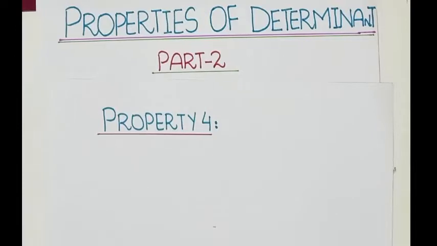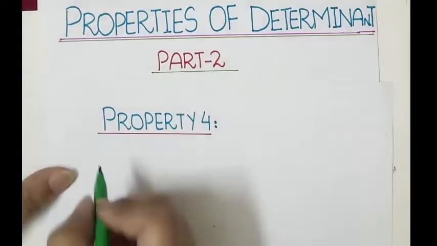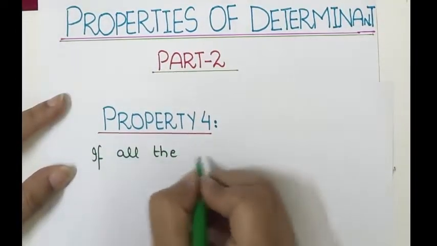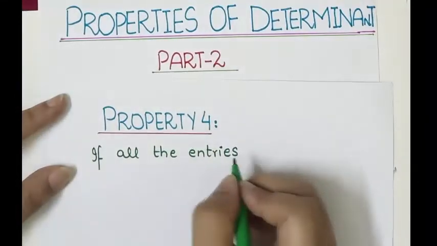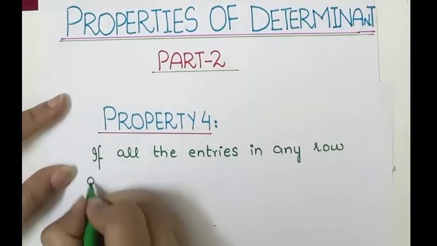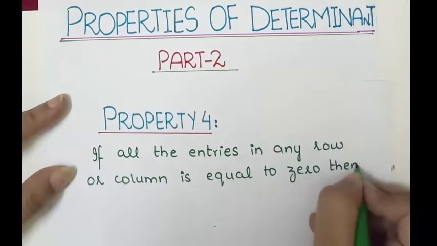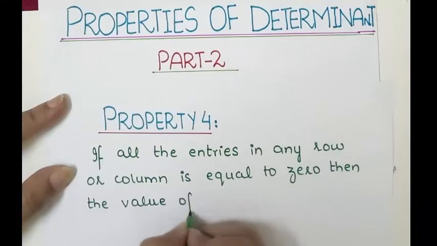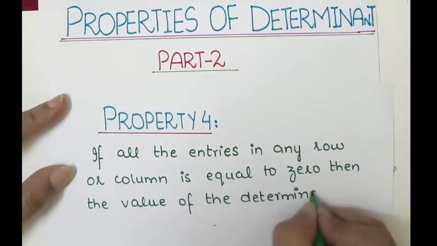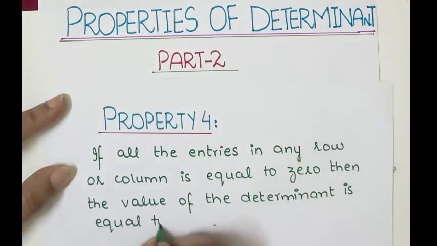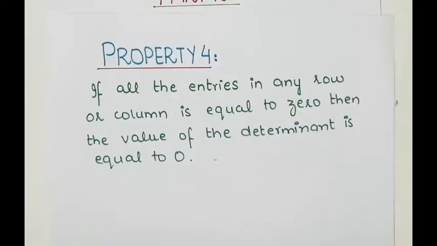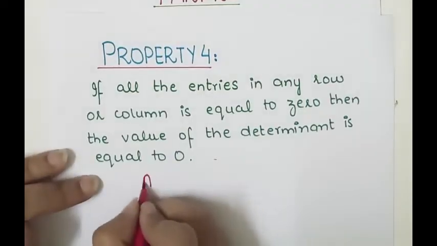Property number 4 says if all the entries in any row or column are 0, then the value of that determinant is equal to 0. Okay, so let's take the example of a general matrix.